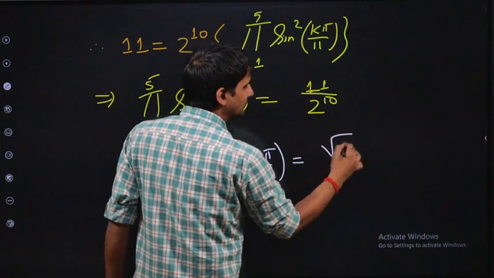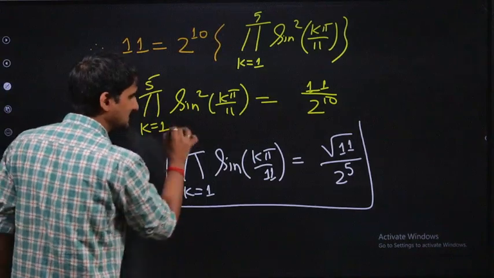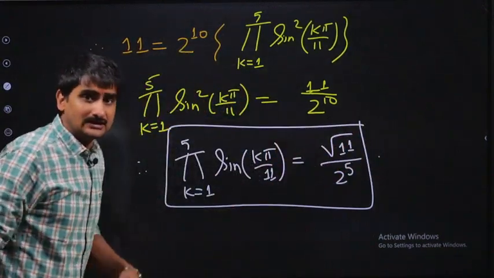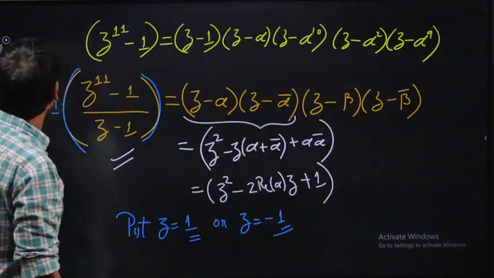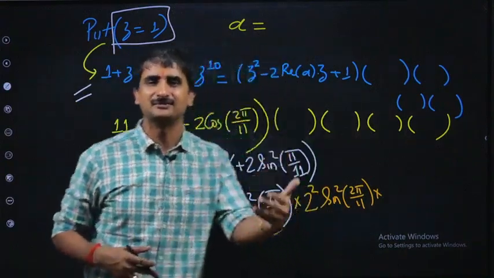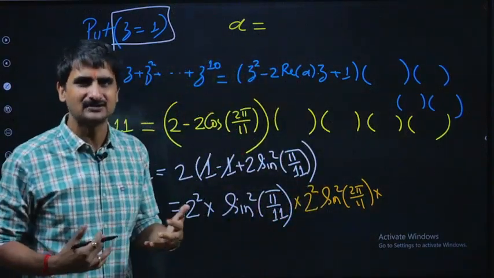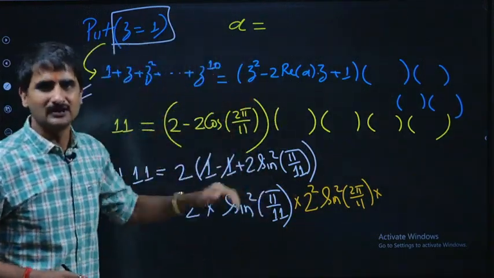This is nothing but root 11 by 2 raised to the power 5, and that's the answer. That was not deliberate, as I said. I never remember whether z is equal to 1 will give the cos series or the sine series. So it was a coincidence that I put z is equal to 1 and I got the first part.